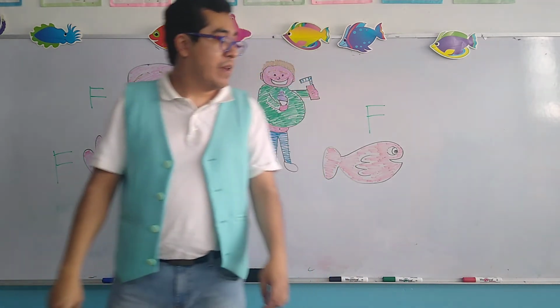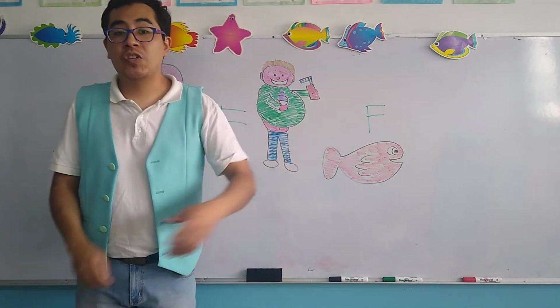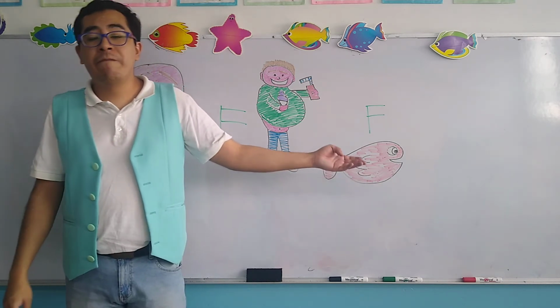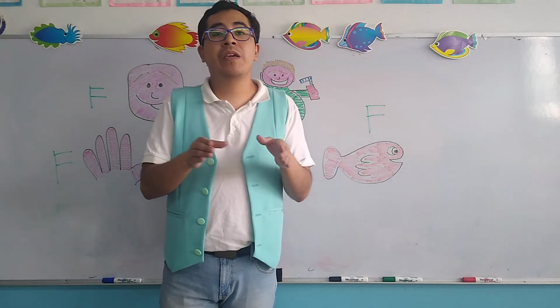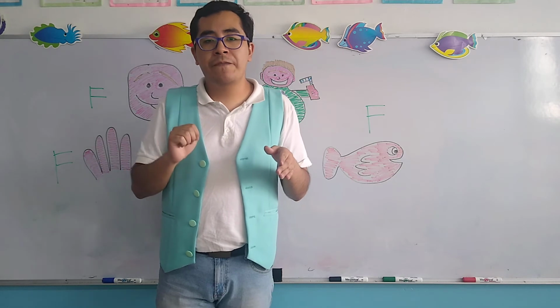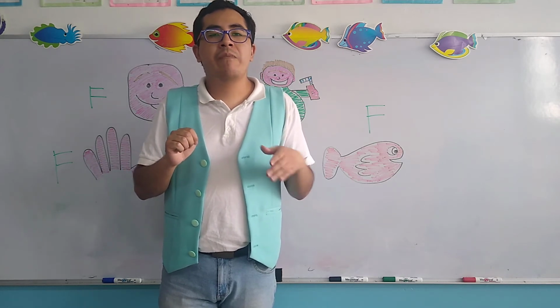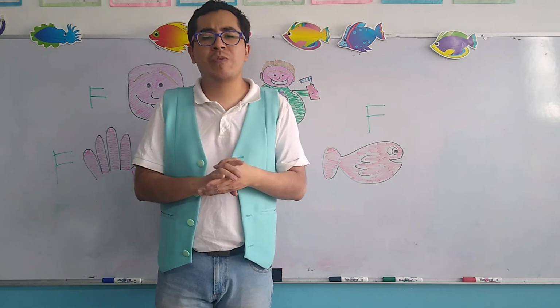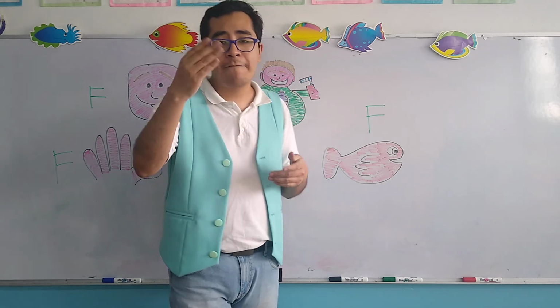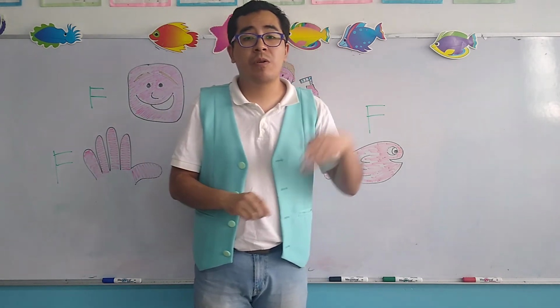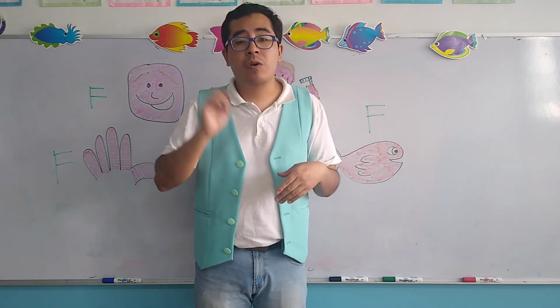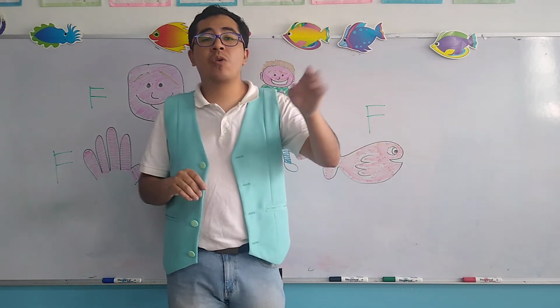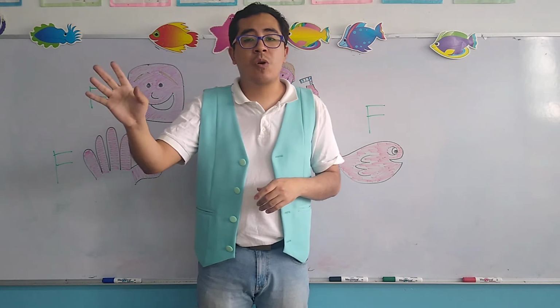And finally, we have the fish. Okay? Remember, the fish is part of the family of animals of the sea. And we have several fishes with different colors. We can find fishes with color purple, fishes with color black, fishes color yellow, fishes color orange.